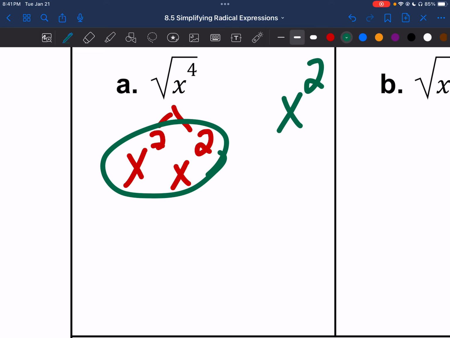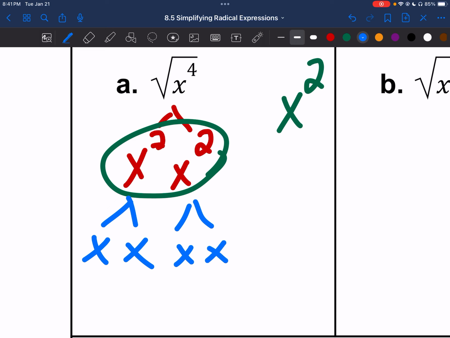Now, again, there is an alternate way you could do this. You divide x to the 4th into x squared, and you go by x and x, and x and x, and then again, you have one group of 2 groups, so x times x, which is x squared. You could approach this another way.